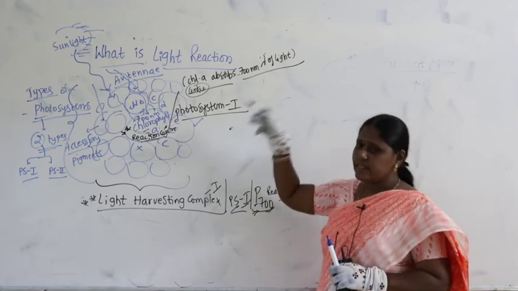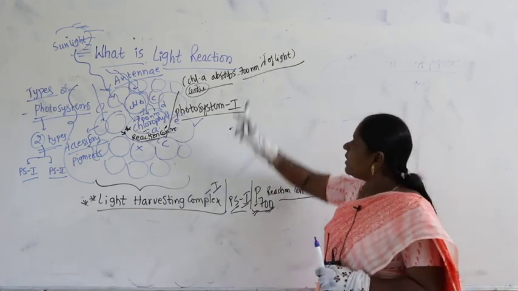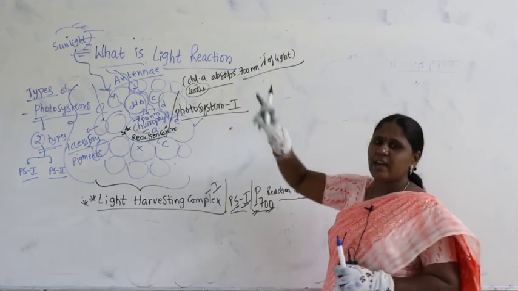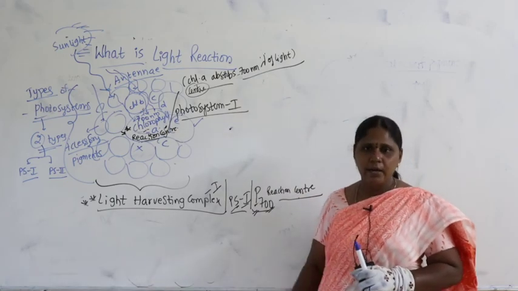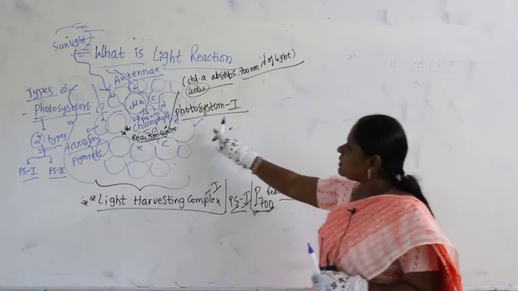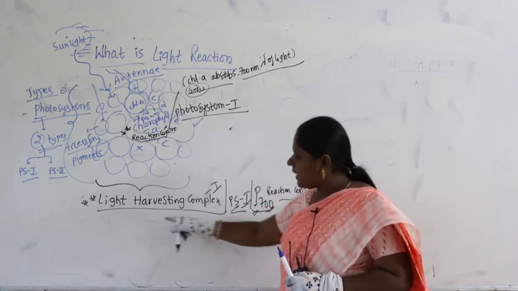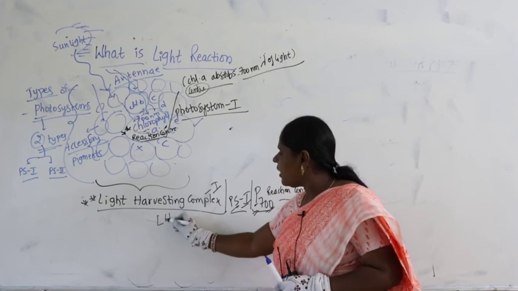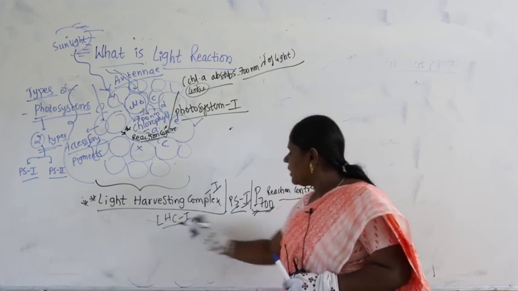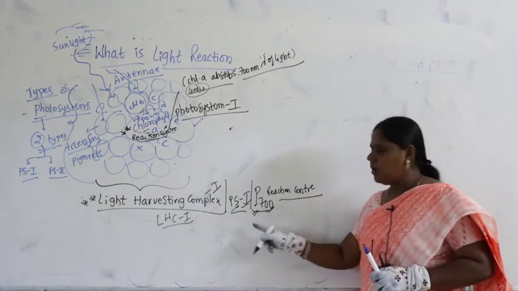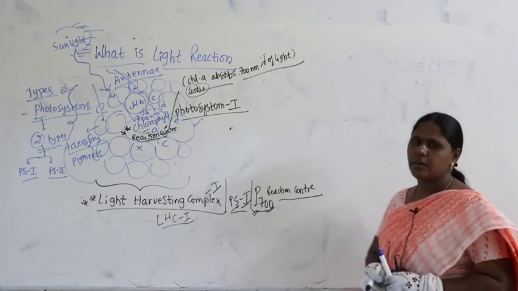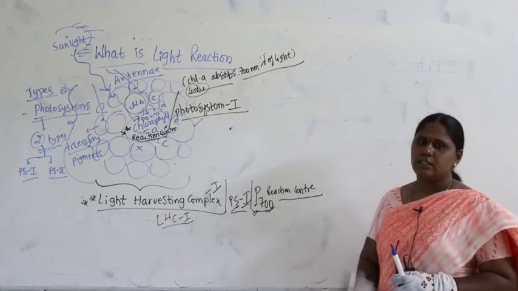If the centermost chlorophyll A receives light of 700 nanometers wavelength, then it is called photosystem 1, or light harvesting complex number 1, or PS1, or the P700 reaction center.